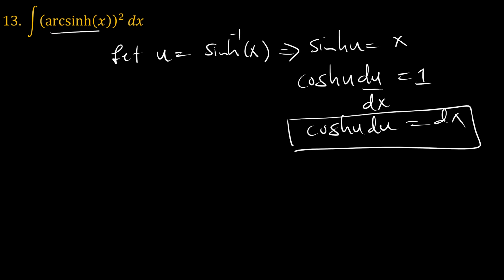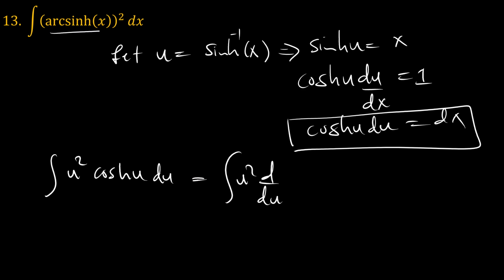Important step. So our integral now becomes u squared cosh u du, which is the same as u squared times the derivative of sinh of u.